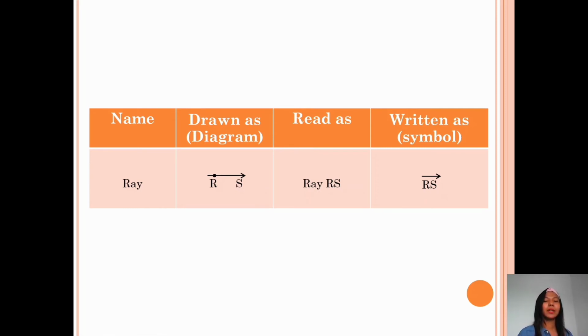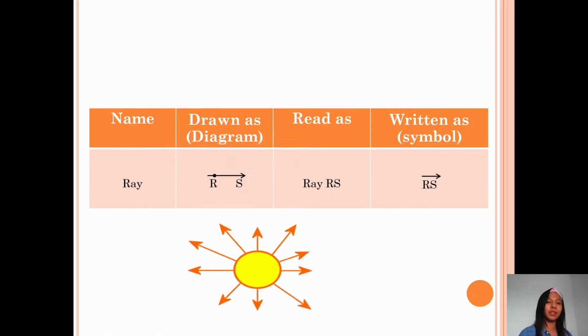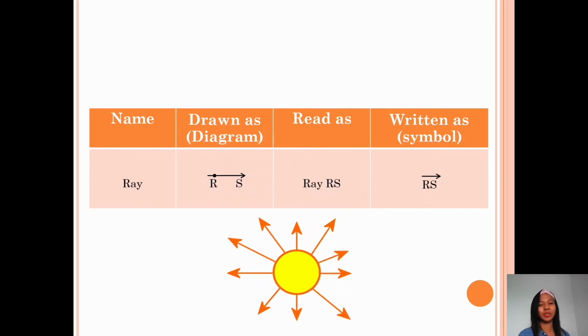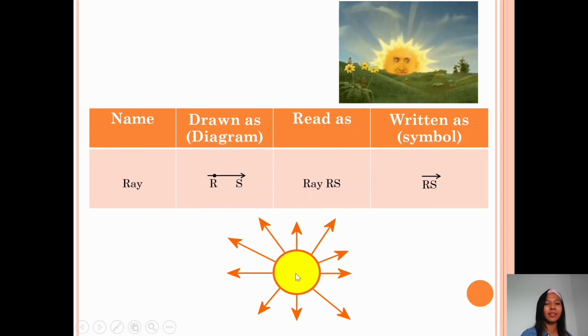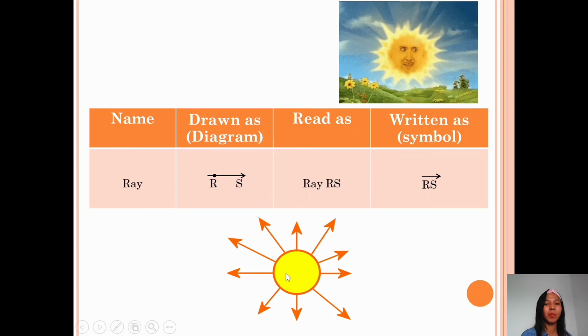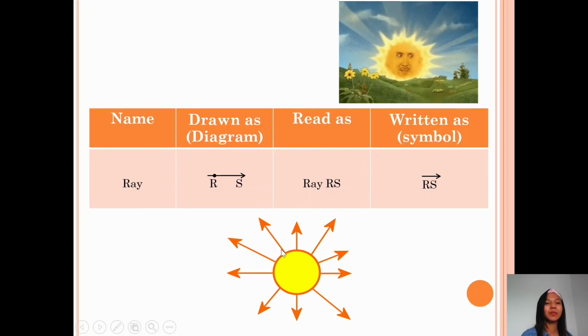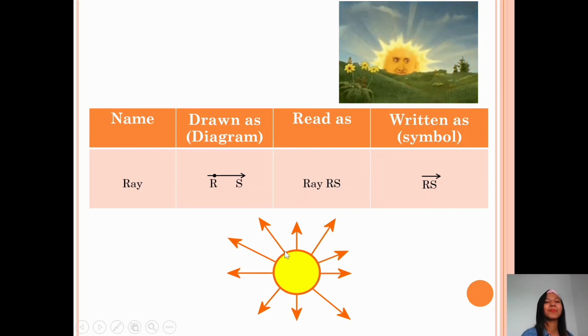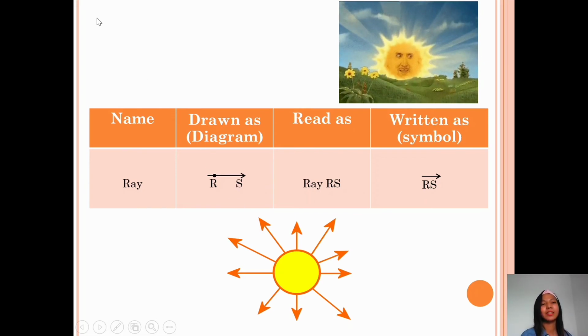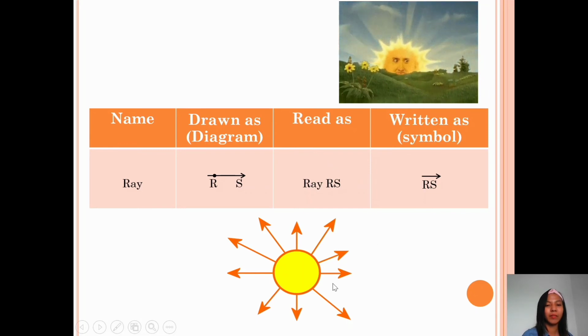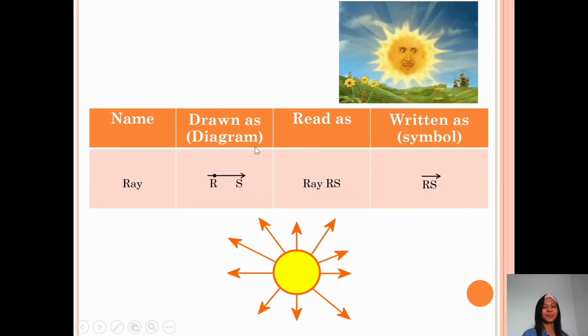Alright, an example of a ray that you can see in our surroundings is light. I have here an example: the sun. The rays of the sun. From the body of the sun, the light rays extend infinitely in all directions.